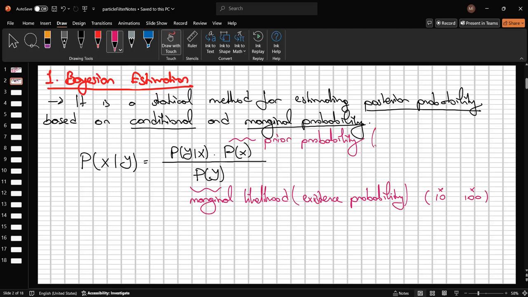For example, if we have any knowledge about rain or Sunday, if we know that these two conditions happen in a day, then this is equal to 0.5 and 0.5. But if we know that three other conditions can happen in a day, then this is equal to 0.2.